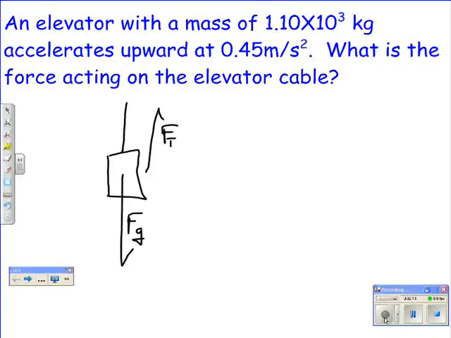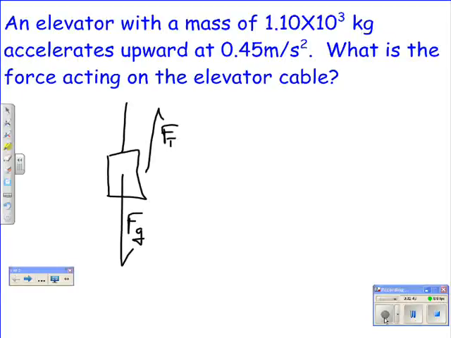Now, a lot of times in the problems, they talk about tension. Tension is a pulling force using a rope or a cable or a string or something like that. That's what tension is. That's an FT, force tension.